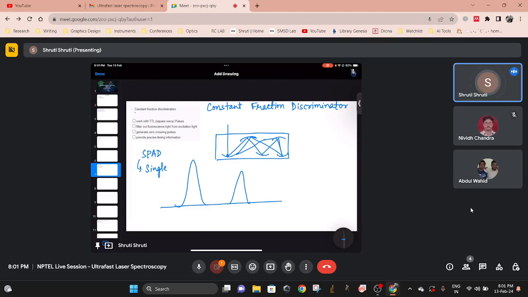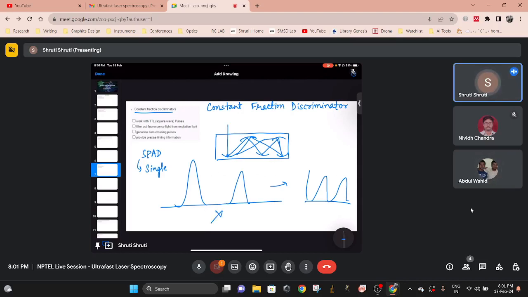So this instrument, the constant fraction discriminator, equalizes them. It does some mathematical fittings and equalizes the charge generated for the photons coming at the same time, so that we can get precise timing information.